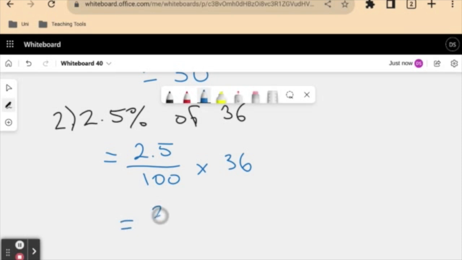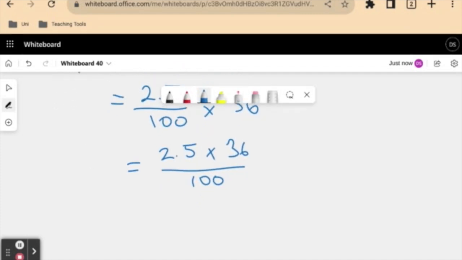That is like saying 2.5 multiplied by 36 on top of 100. And taking those two on the numerator, I get 90 over 100.